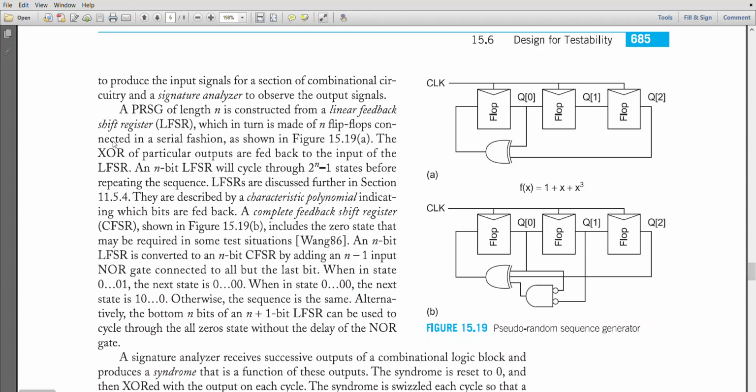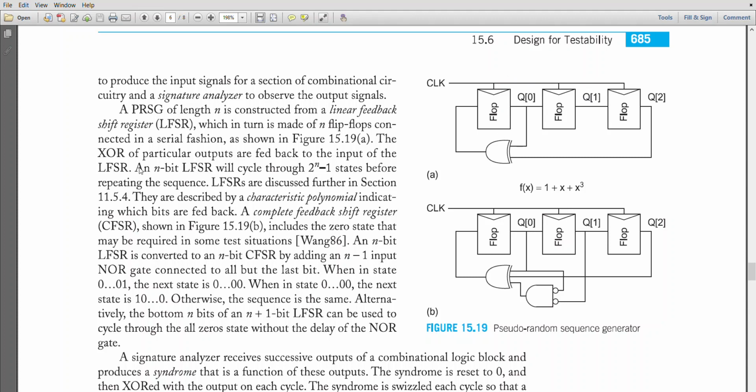So a PRSG, pseudo-random sequence generator of length n, is constructed from a linear feedback shift register, LFSR, which in turn is made up of n flip-flops connected in serial fashion, like this, and XORing will be there at the output.